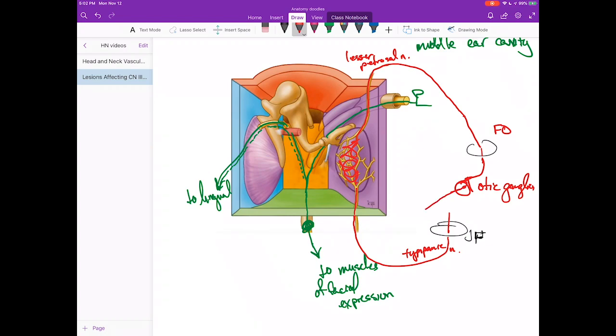Let's see, we'll draw it this way. It continues on via the auriculotemporal nerve. I'll draw the little line there. Via the auriculotemporal nerve to the parotid gland.